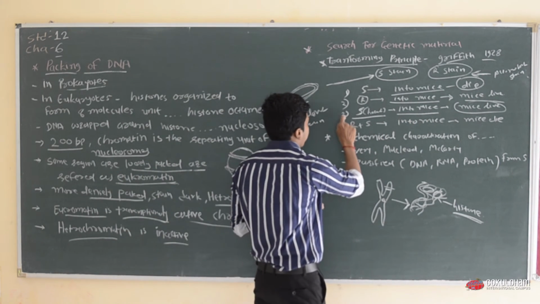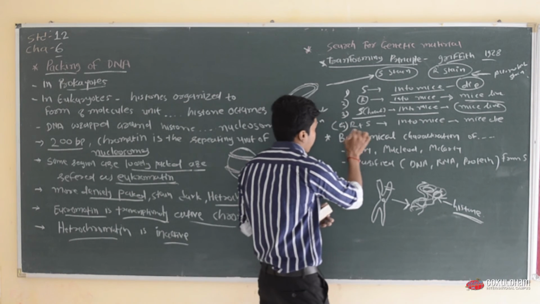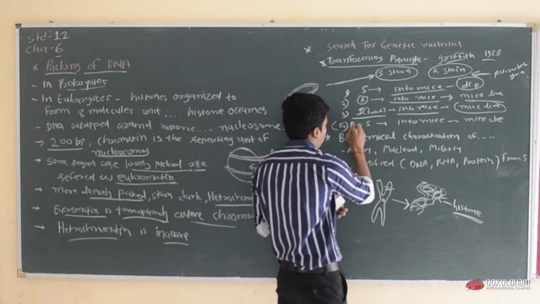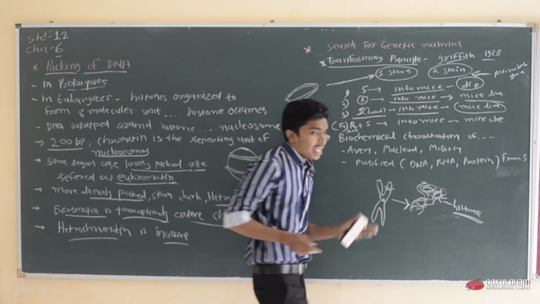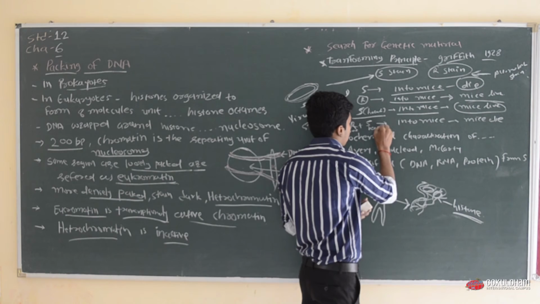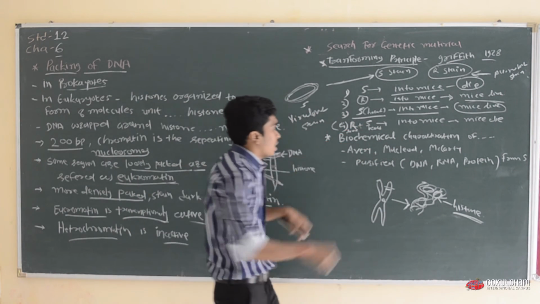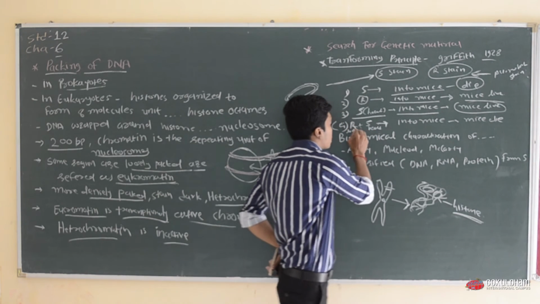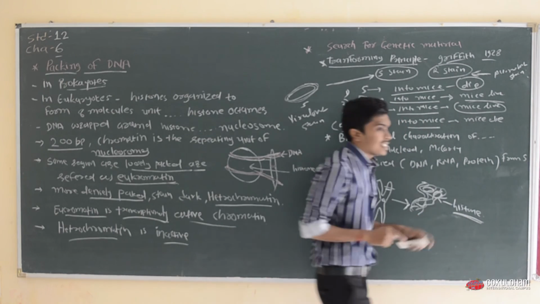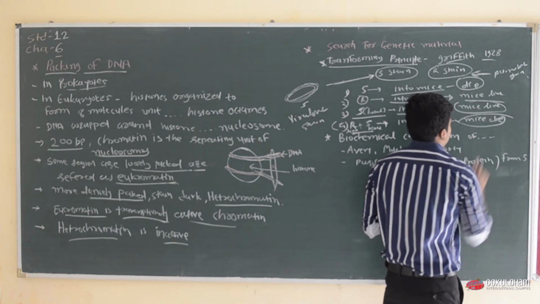And in the last step, the important step, he took the live rough strain bacteria and the smooth strain bacteria after heating. We know that after heating this bacteria may die, but he mixed both strains and introduced them into the mice. As a result, surprisingly, he got the mice dying.